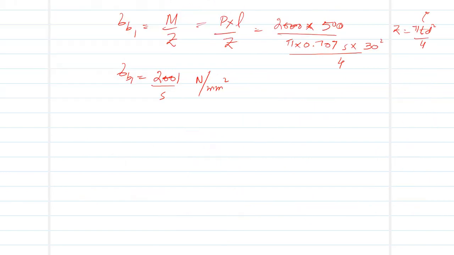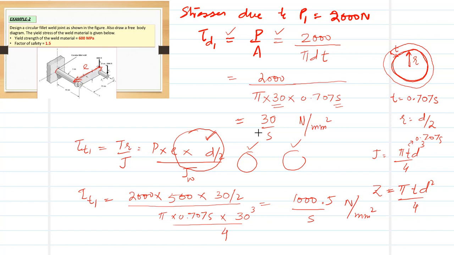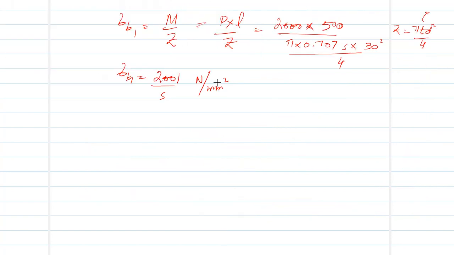So we get three values in case of load 1: tau d1, tau t1, and sigma b1.